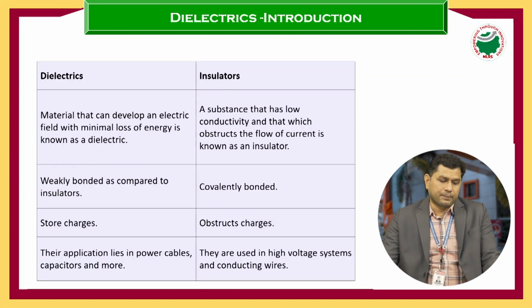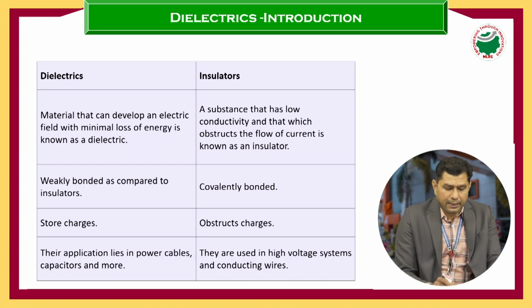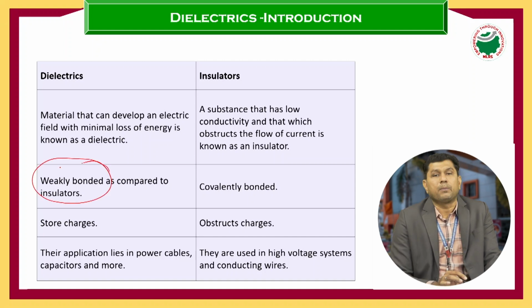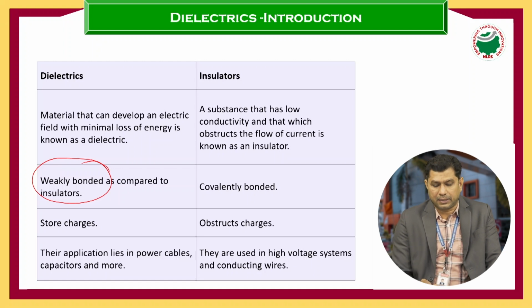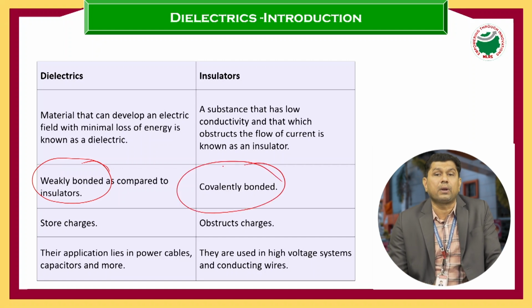First of all, we will observe the differences between a dielectric material and an insulating material. In a dielectric material, the bonds are weakly bonded when compared with pure insulating materials. In insulating materials, which are covalently bonded, you need to supply a large amount of energy to break those bonds.